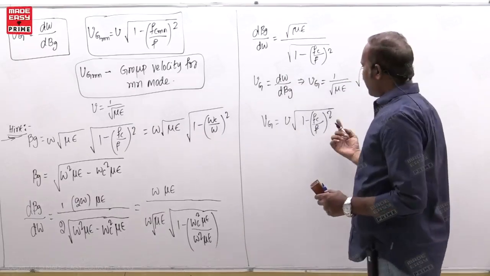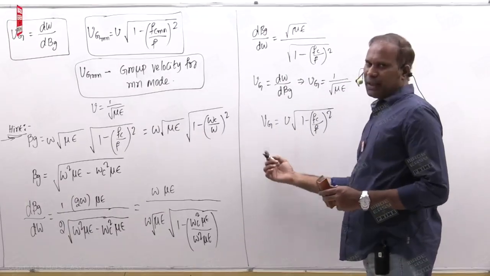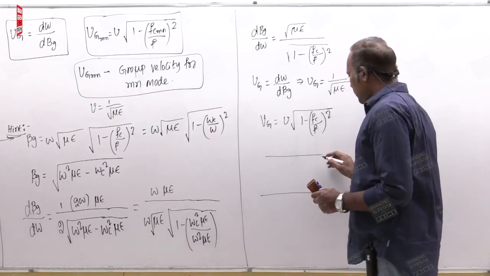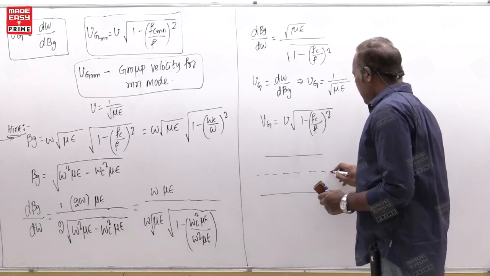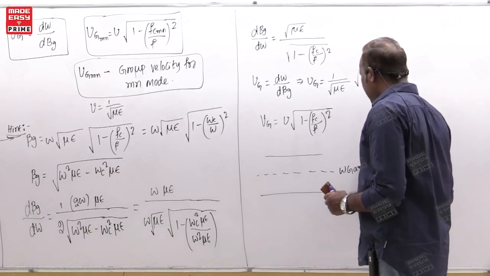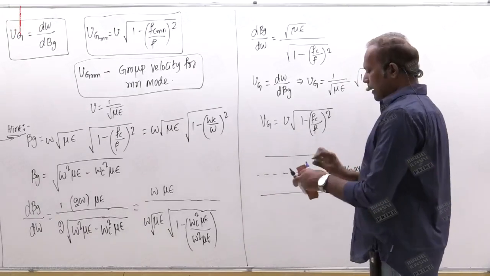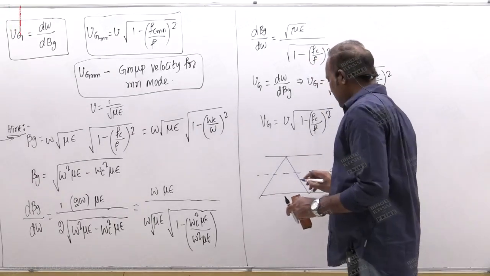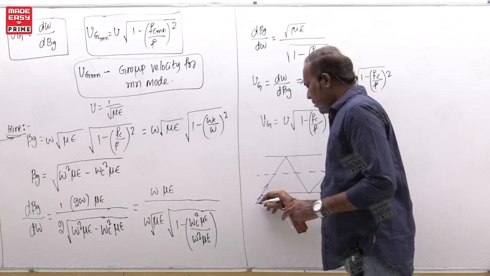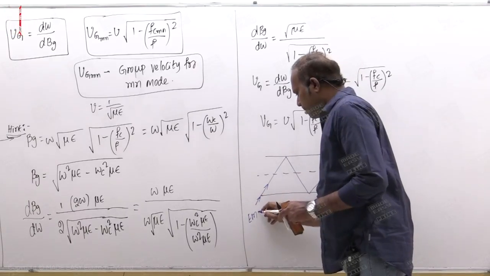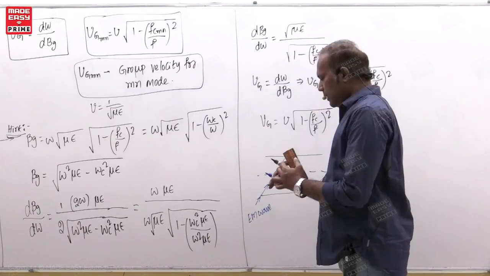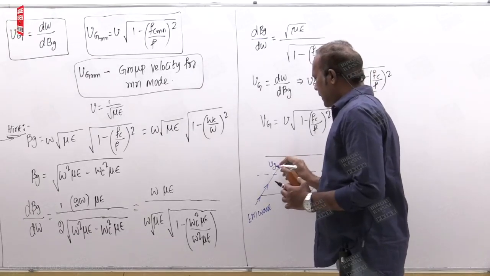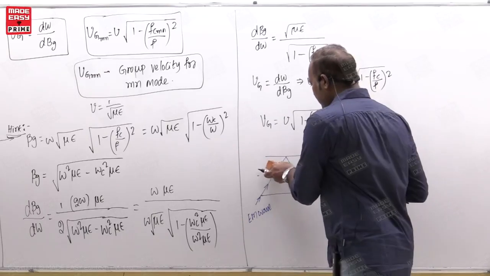Now actually what is the meaning of this Vg? If you want, I will tell you. For example, this is a waveguide and this is the waveguide axis, and already I have shown you this diagram. This EM wave is traveling like this, right? And in this direction the velocity is called Vg, small g.